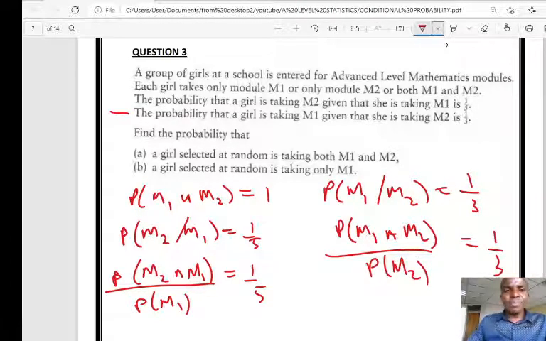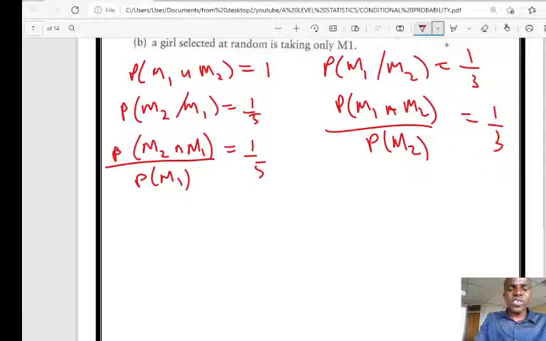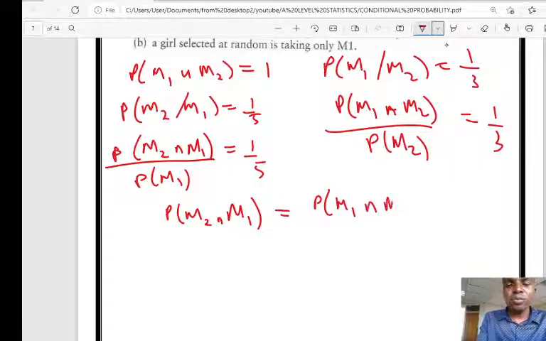Now they say find the probability that a girl selected at random is taking both M1 and M2. Both M1 and M2, that's the intersection. The probability of M2 intersection M1 is the same as the probability of M1 intersection M2.